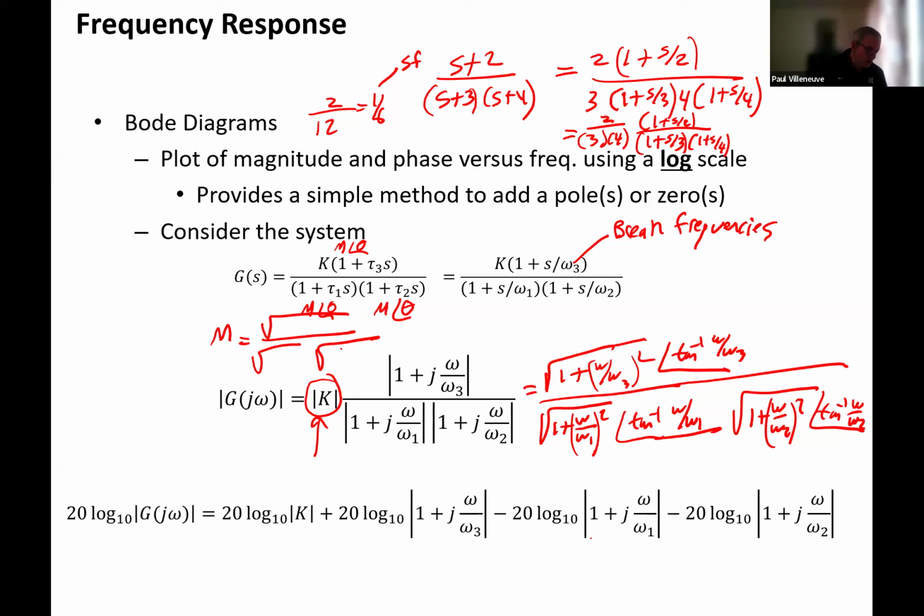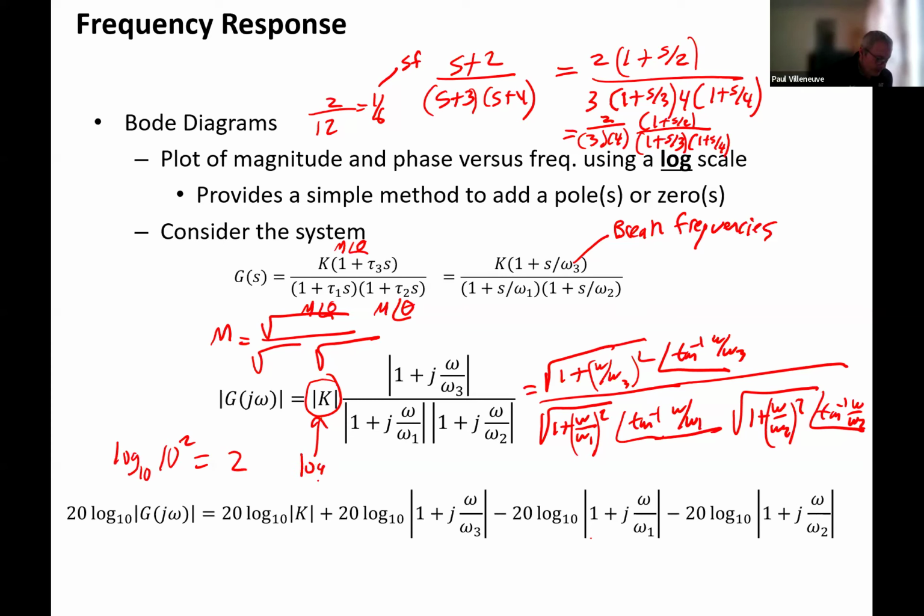And so if you recall from logarithms, if you take the logarithm of something, so if I do the logarithm of 10 squared, what do you get? What is a logarithm of 10 squared? Log base 10. It's equal to 2, right?